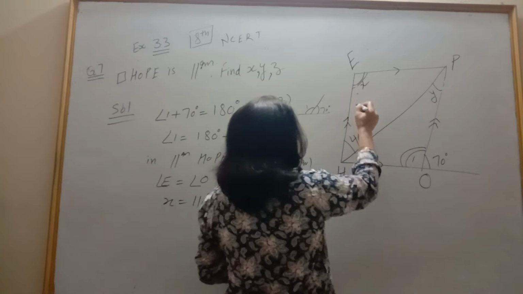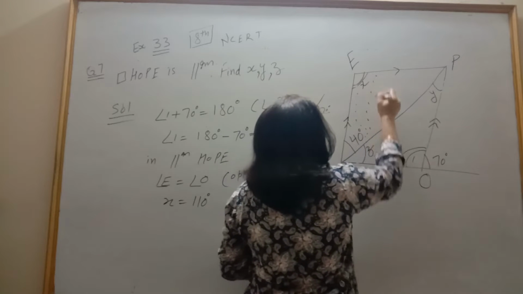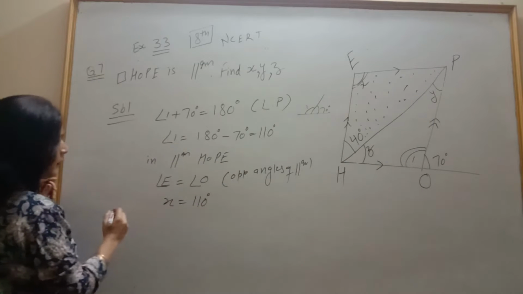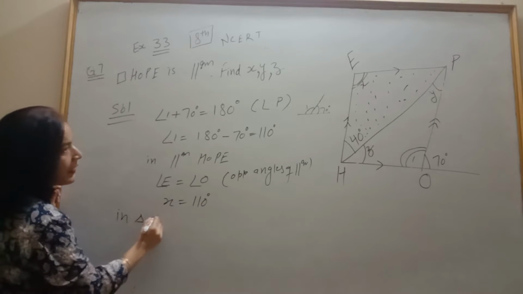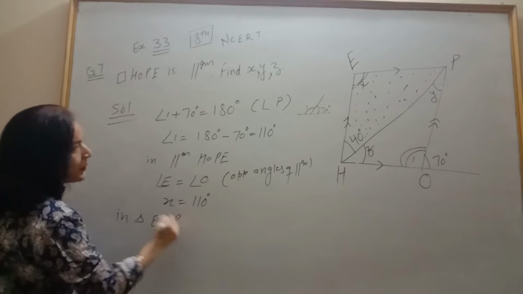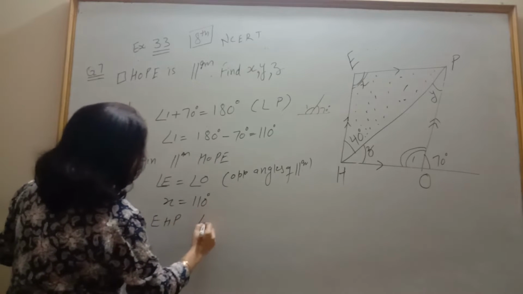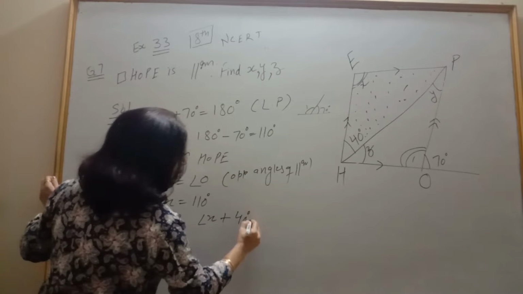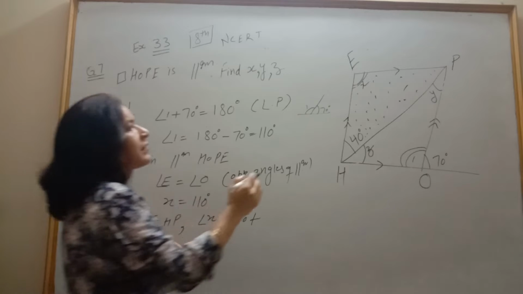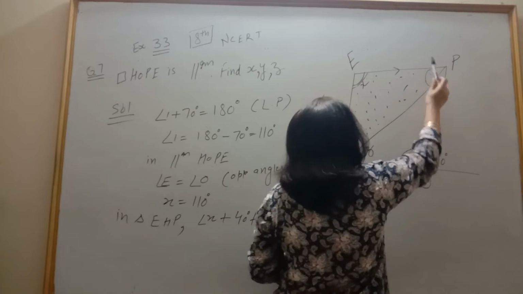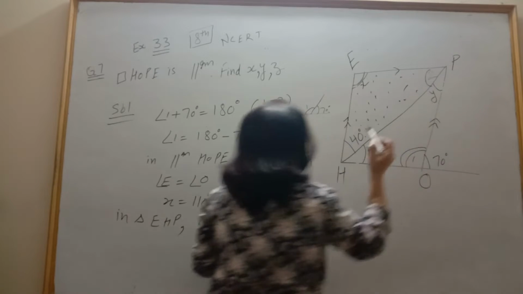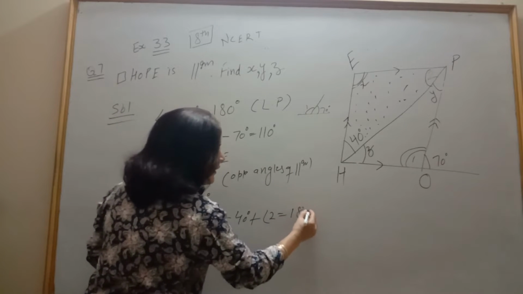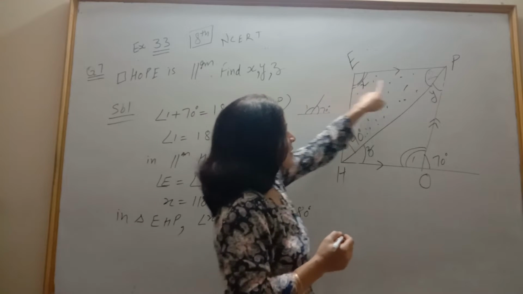Now in this triangle EHP, angle X plus 40 degrees plus this angle, you can say angle 2, is equal to 180 degrees. 40, X and 2.